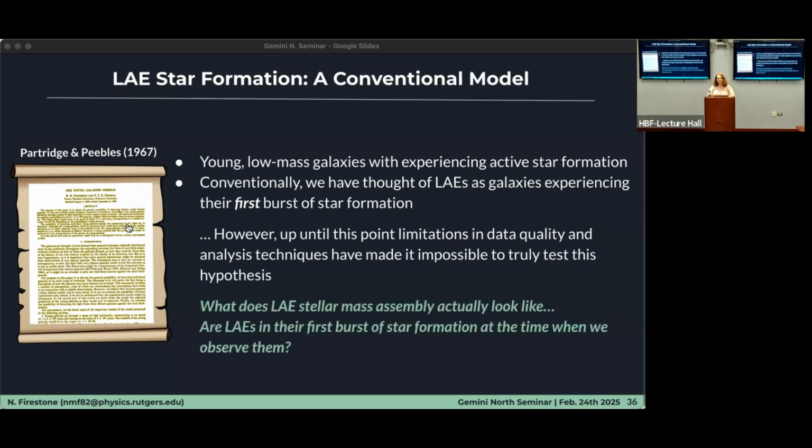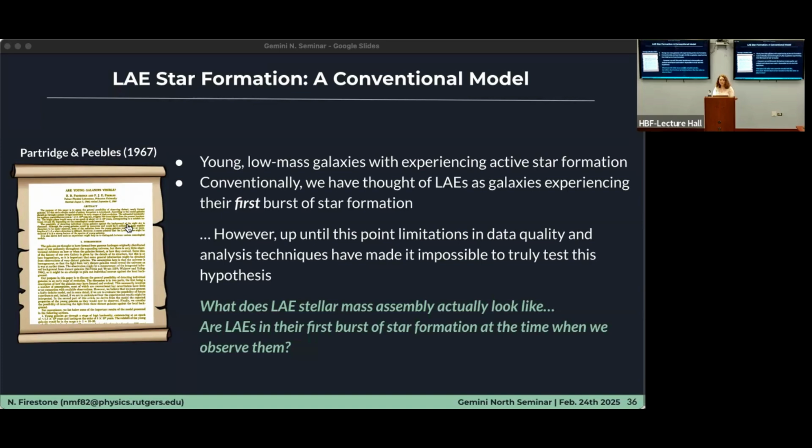And now that we've made some improvements in both of those areas, we want to understand what the stellar mass assembly in LAEs actually looks like. And we want to understand if LAEs are in their first burst of star formation at the time in which we observe them.